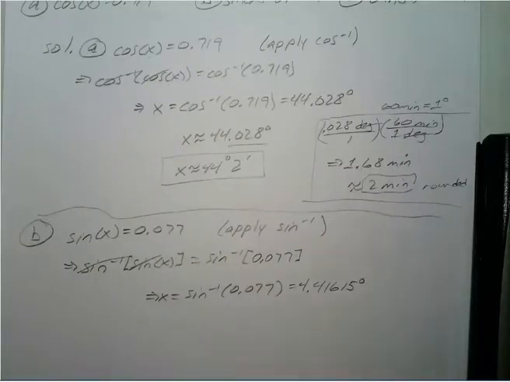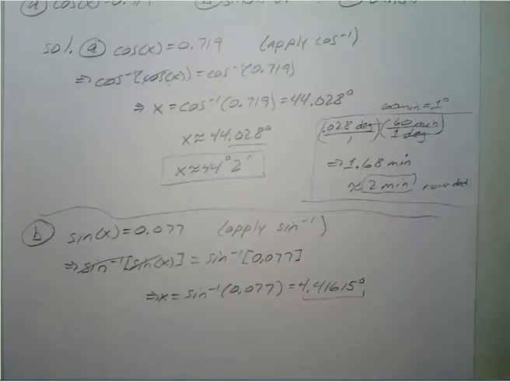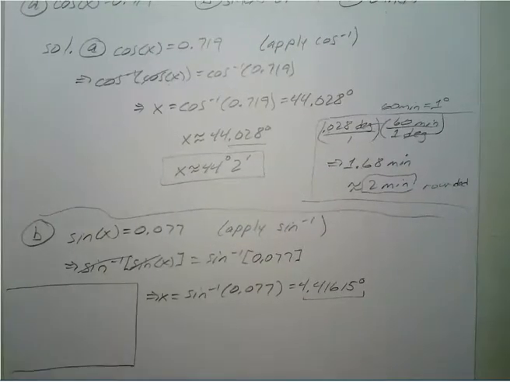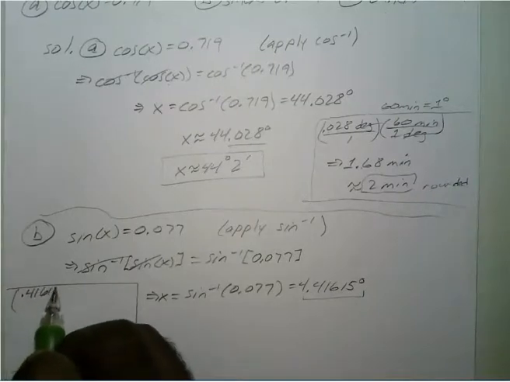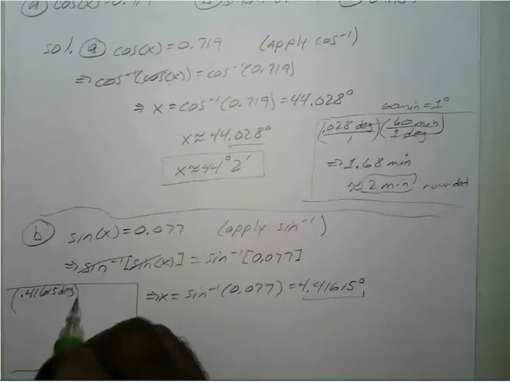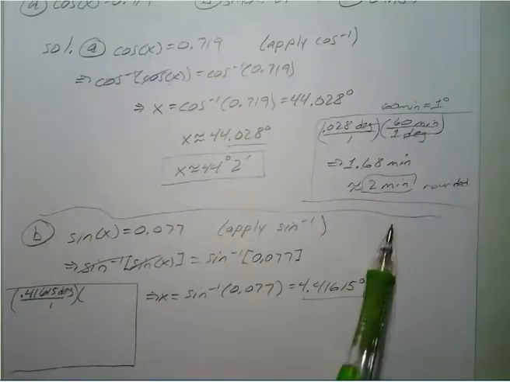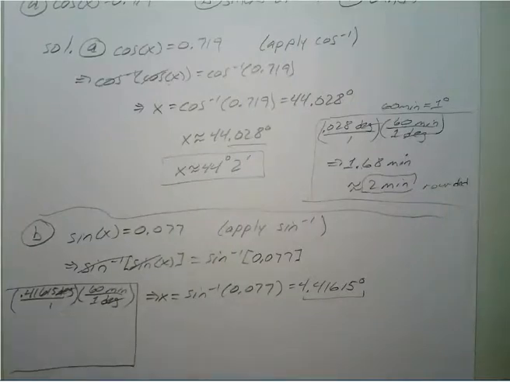All right, but we have to get rid of that decimal. So 0.41615 degrees divided by 1 minute, 60 minutes is 1 degree. 1 degree equals 60 minutes, where the degree unit of measure cancels out.